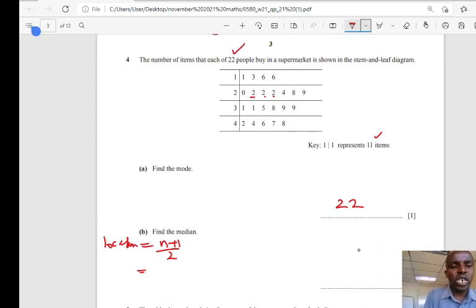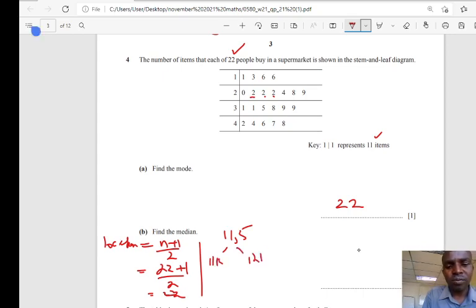So n will be 22. 22 plus 1 over 2, then it will be 23 divided by 2. 23 divided by 2 is what? You get 11.5. So it means the median is between the 11th and the 12th value. That's where the median lies.